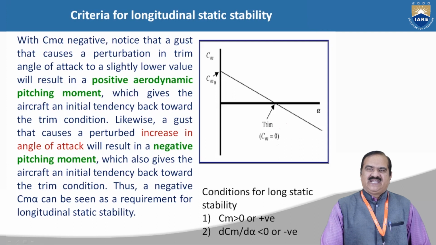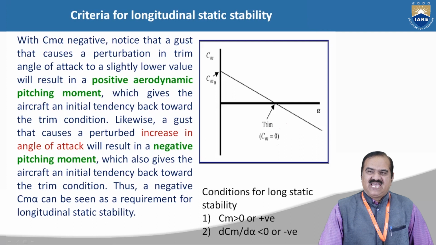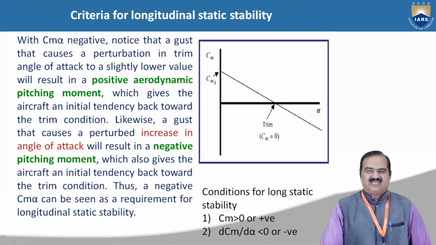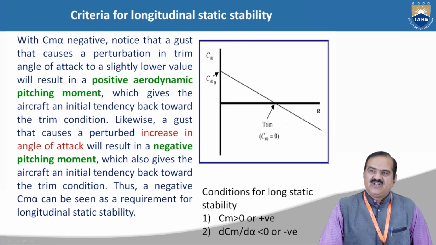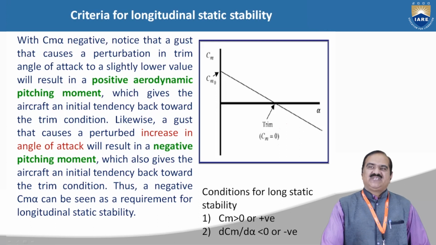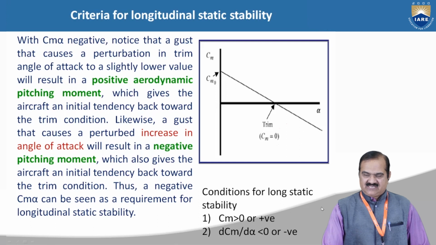Likewise, a gust that causes a perturbed increase in angle of attack will result in a negative pitching moment, which also gives the aircraft an initial tendency back towards the trim condition. Thus, a negative Cm alpha can be seen as the requirement for longitudinal static stability. So if Cm alpha is negative, then we can assume that the aircraft is longitudinally statically stable.